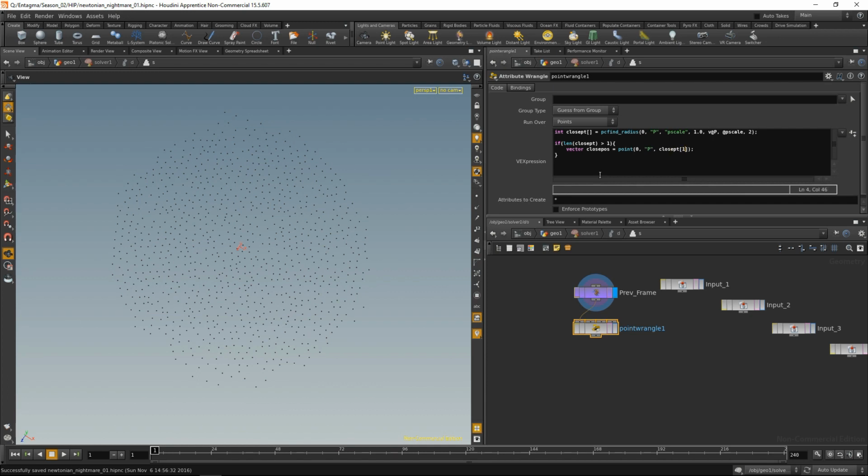Again, the array's indices start from 0, so an index of 1 will yield the second entry in my closept list. We'll also get the mass of the colliding particle, using the same technique, but just looking for the p-scale value now. Also, let's import my colliding particle's acceleration.